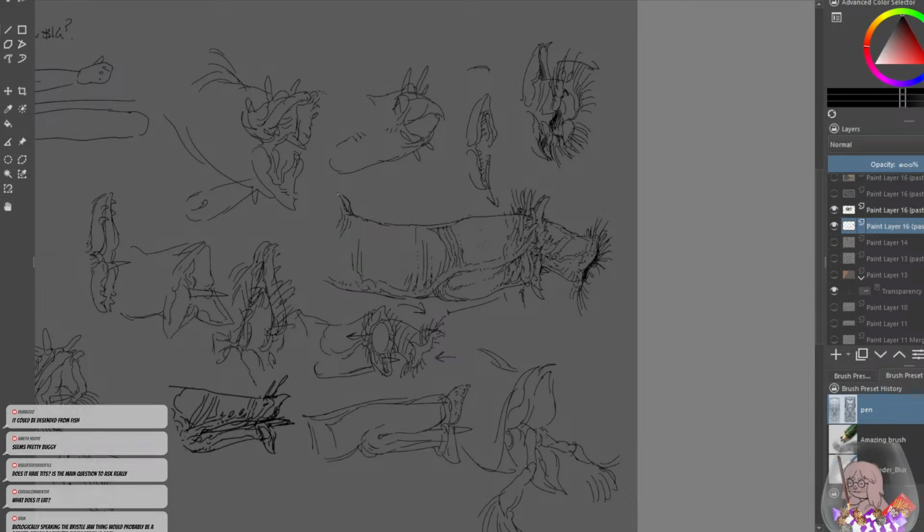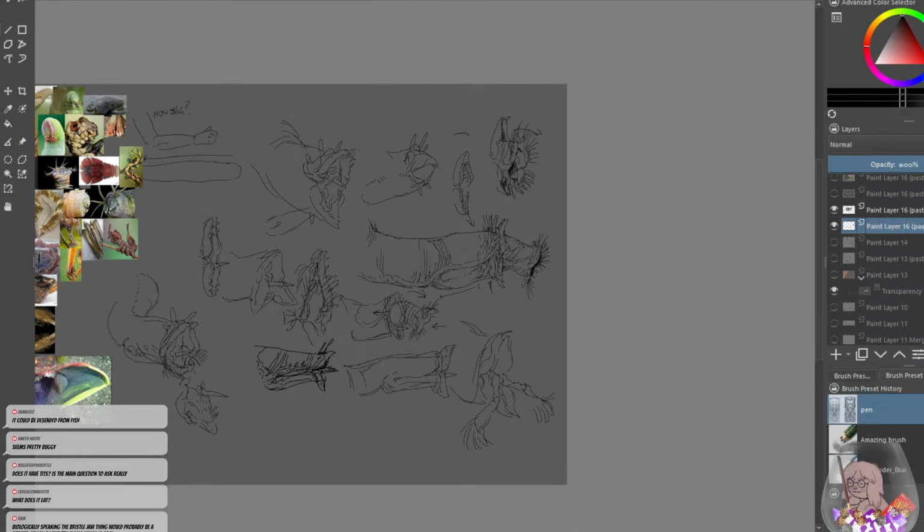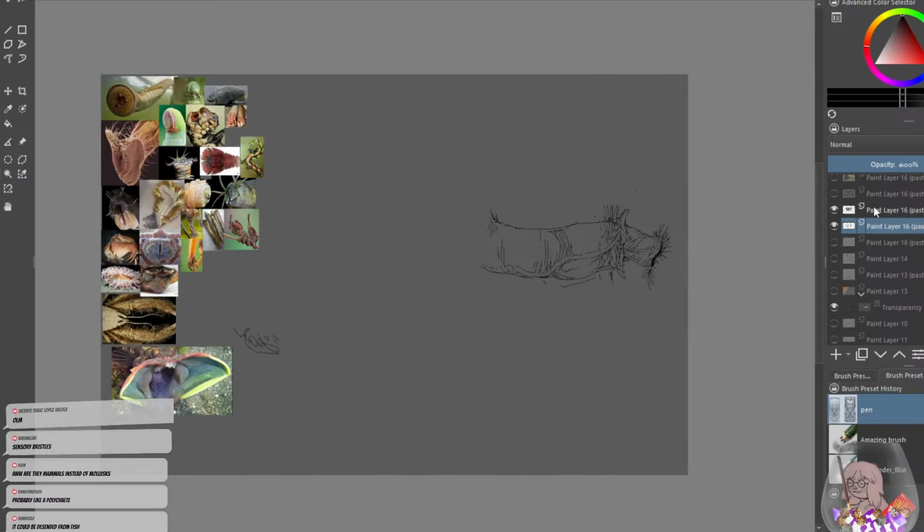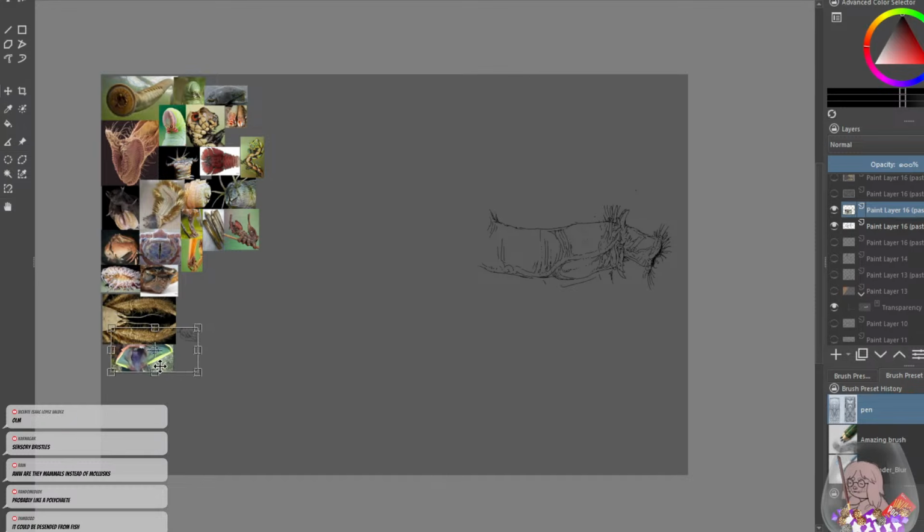Does it have the arms and legs? Sensory bristles.